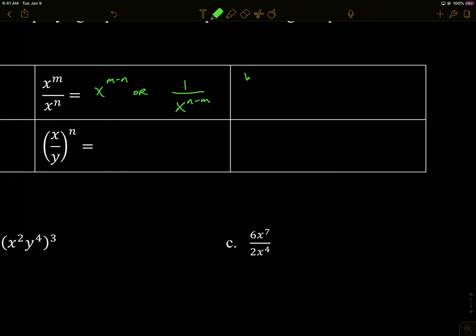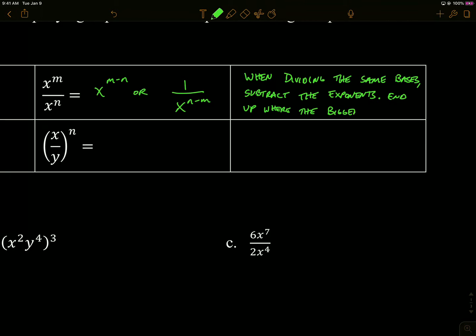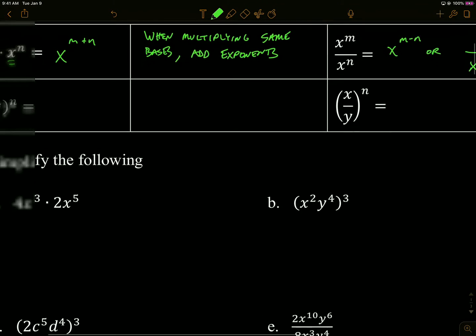This would be when dividing the same bases, you subtract the exponents, and they end up where the bigger exponent is, meaning either on top or on bottom.